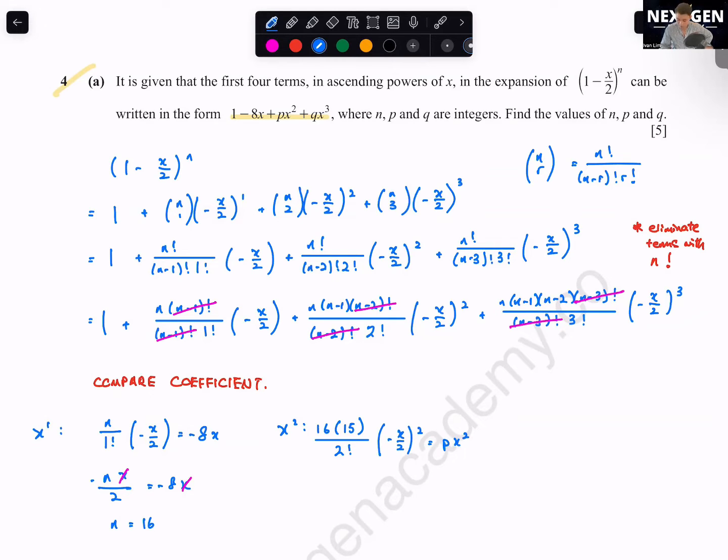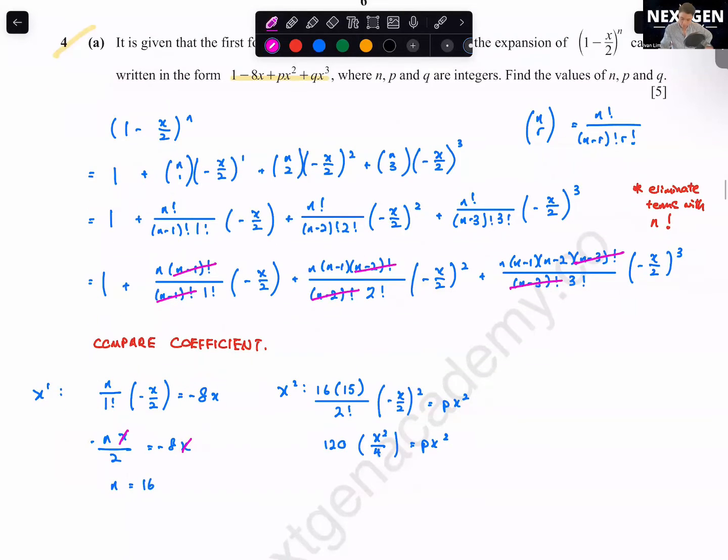Okay, type this in the calculator. So 120 x squared over 4 equals to px squared. X squared can cancel off. P is equals to 120 over 4. You will get P is equals to 30.